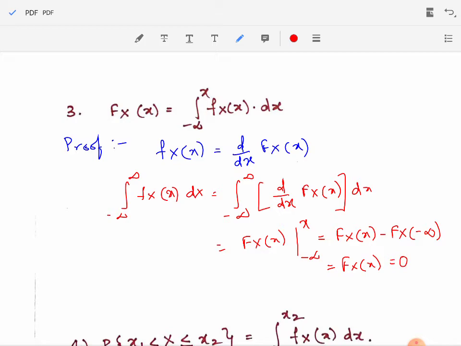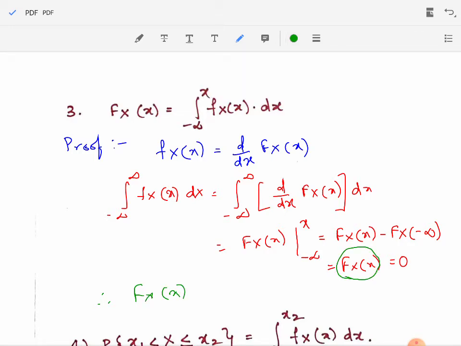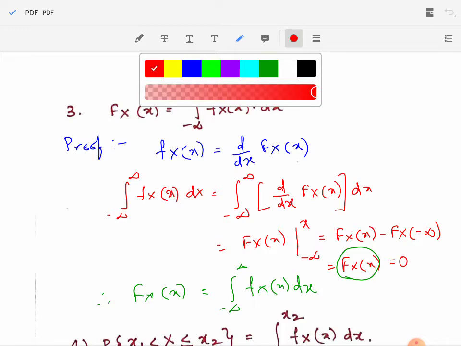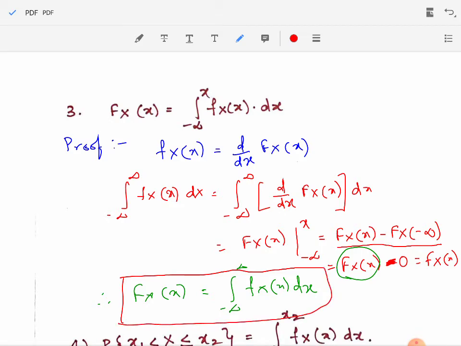So F_X(x) minus 0 is equal to F_X(x). So we can write that F_X(x) is equal to integral from minus infinity to x of f_X(x) dx. So this is the proof for the third property.